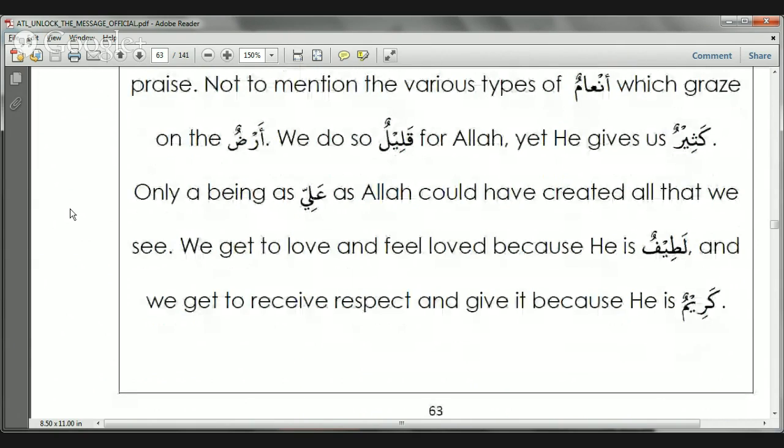And we get to receive respect and give it because He is kareemun, generous. Generous. Ardun is land. It's contextual, really. You could refer to it as the earth, but it's really in reference to land. The Arabs refer to it as land.